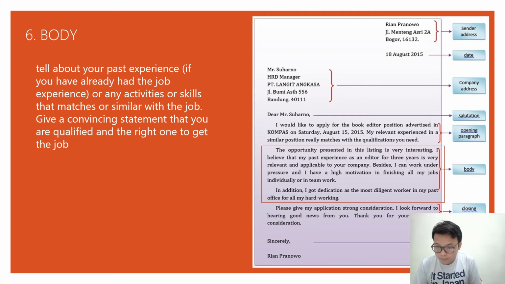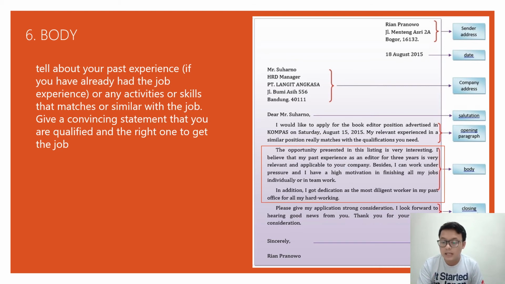For example, if you are applying for a teacher, then you have a skill, you have a diploma, or you have a certificate of successful training that indicates your skill. You need to put that in the body.